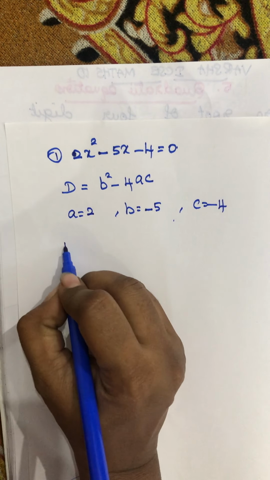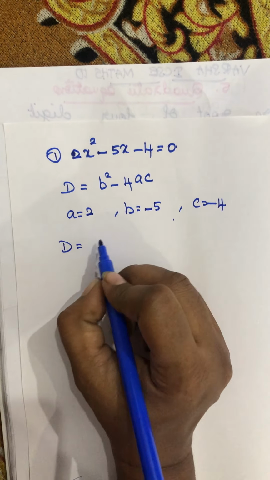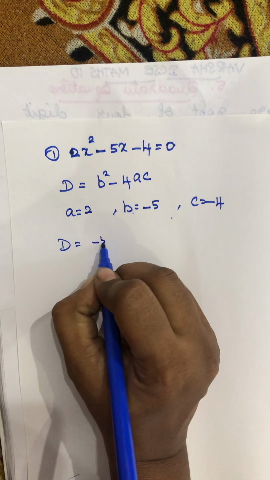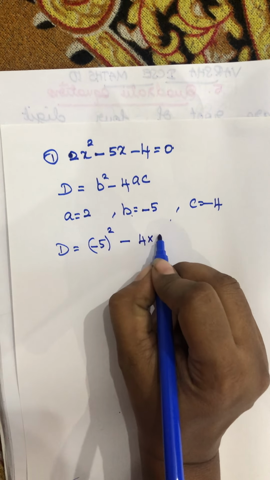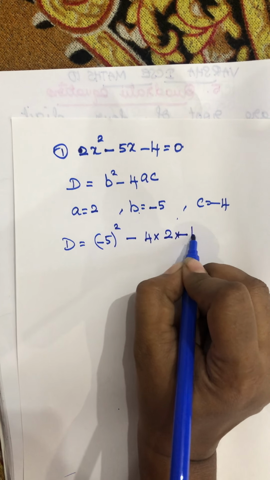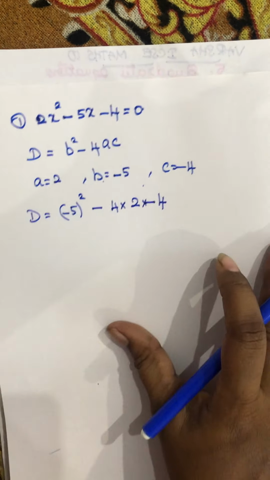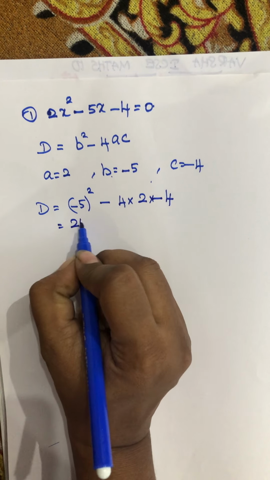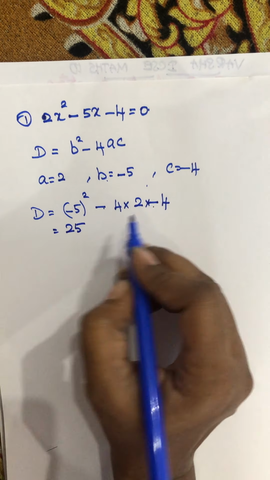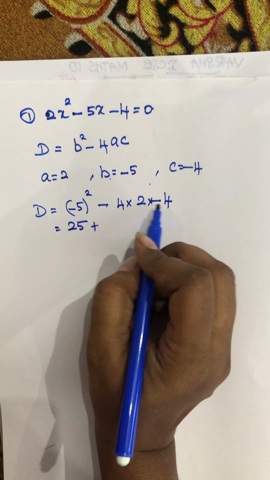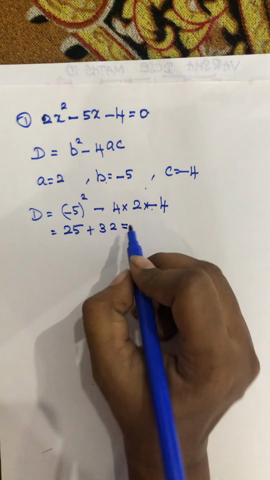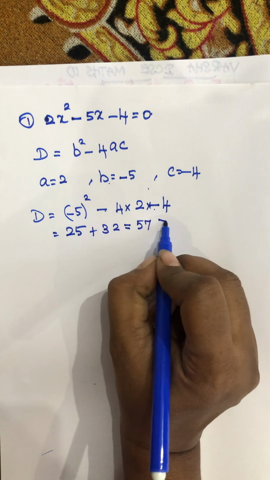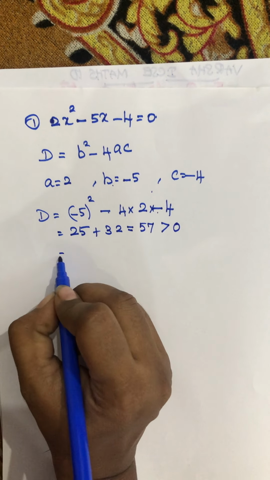Now substitute. b² is (−5)² minus 4 times a and c. This is 25 plus, minus of minus is plus, 4 times 2 is 8, times 4 is 32. When you add, you get 57. 57 is greater than 0, which means a positive number.